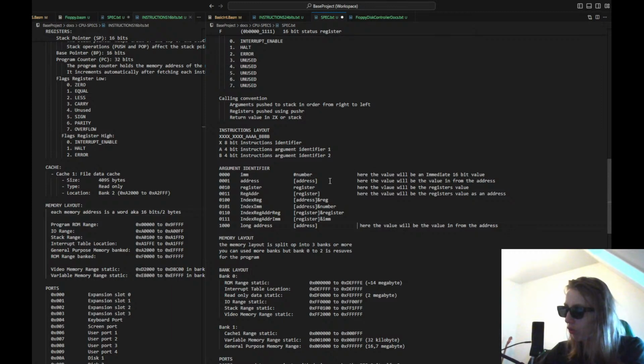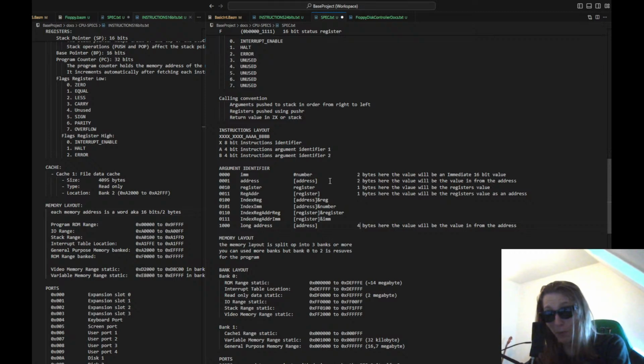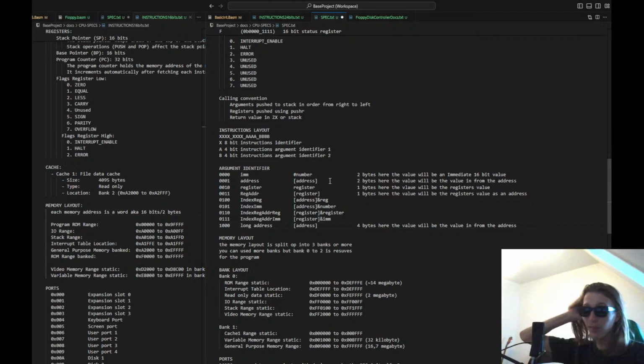Let's actually also state how many bytes they take up, I think. 2 bytes. 2 bytes. 1 byte. Another 1 byte. This one here is 4 bytes. Yeah, 4 bytes. Imagine that.